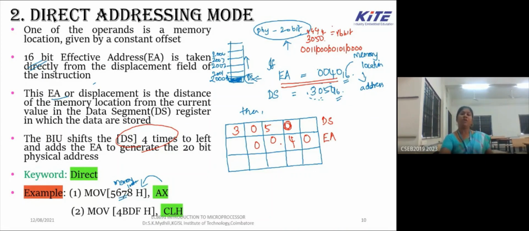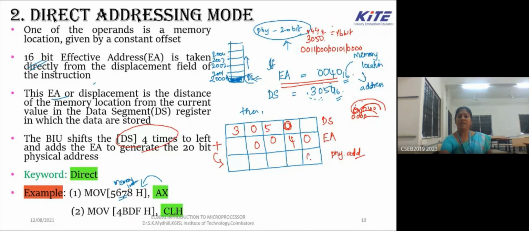You know the rotate operation, right? 040 shifted 4 times moves to the same position toward the left, so we get the same value, 0040, which is added. So we are going to add this and give the final physical address location.